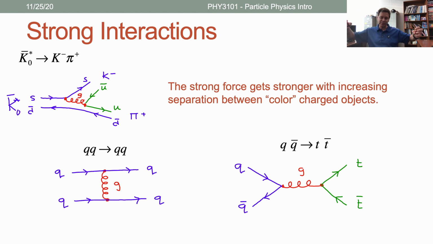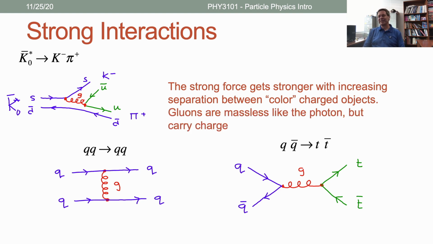If you pull them too far apart, there's a huge amount of energy it takes to do that. And in fact, what will happen is that energy will take the form of other particles that will pop out from pulling two quarks, say, far apart. But that's a whole other story. And one other thing is, although it has this opposite behavior, the gluons themselves are massless like the photon.